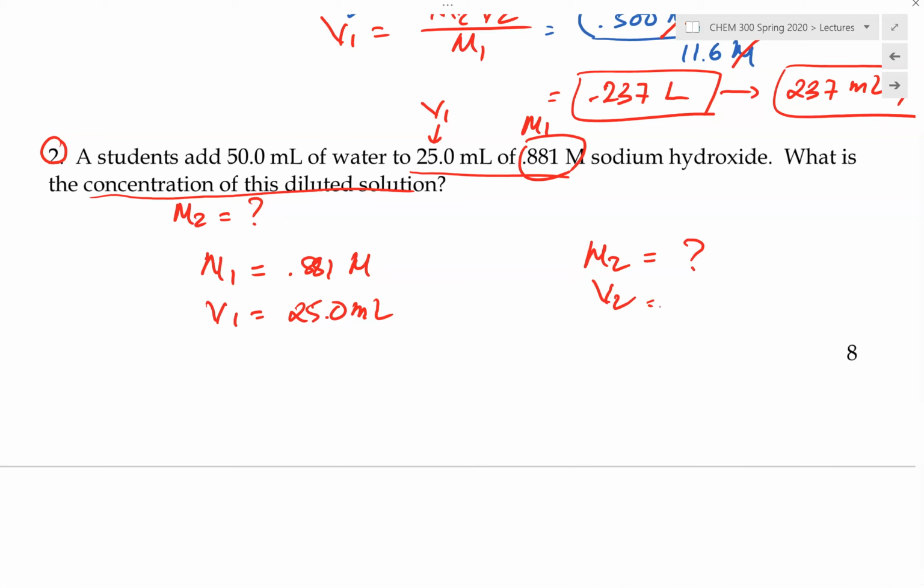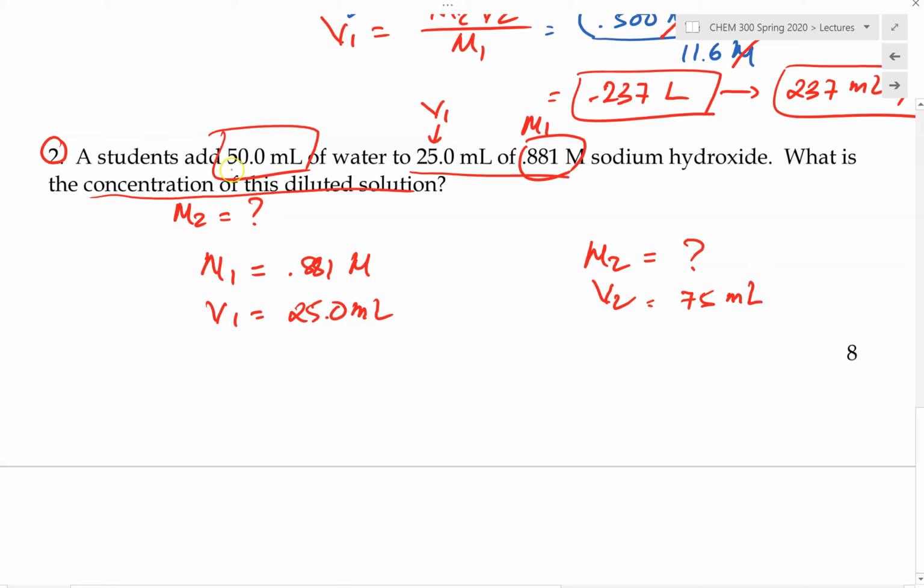Please note that in this case, V2 is not 50 milliliter of water. V2 would be 75 milliliter. This is something you have to be very careful about.